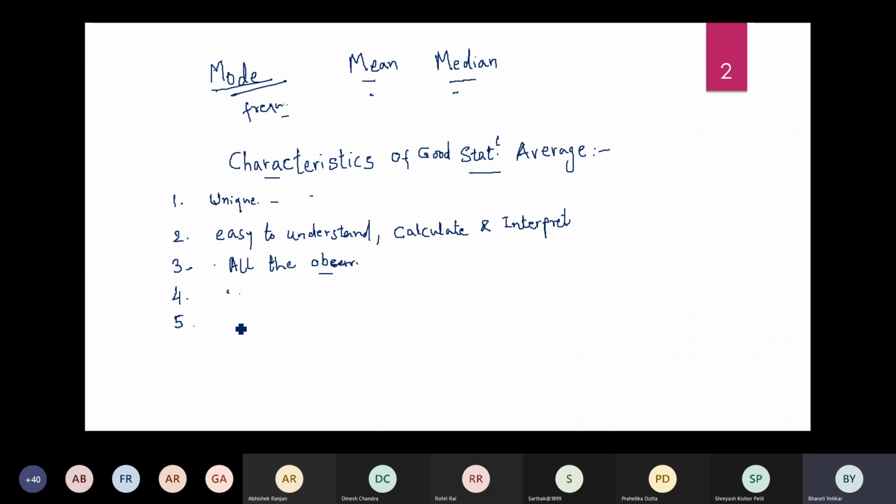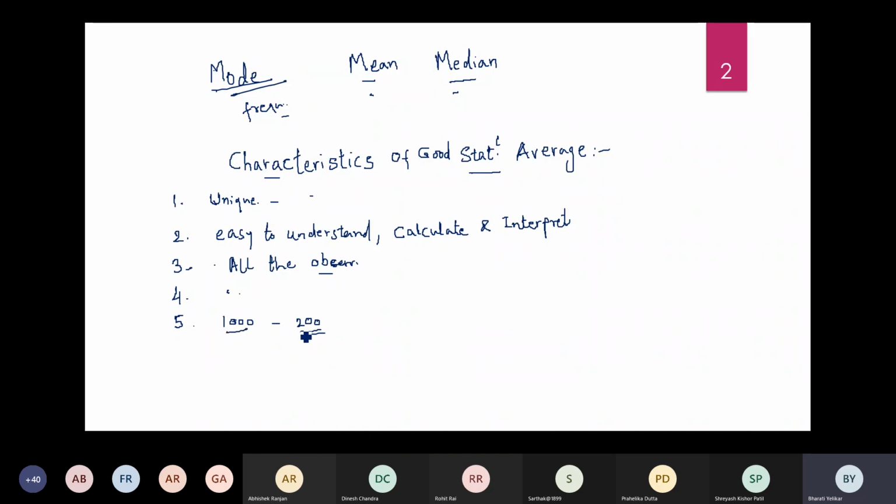Fifth point: it should be least affected by the fluctuations of sampling. Fluctuations of sampling means, suppose there are 1,000 students in the college, and for a sample you are studying. There is also a formula for how to get the sample size. Suppose the answer comes, so the sample size is 200. Do you understand?